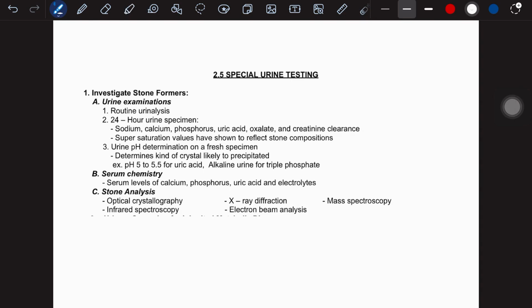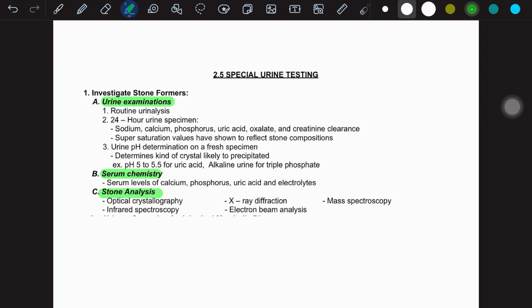As you can see in your manual, we have the topic special urine testing. To investigate stone formers, we have urine examination, serum chemistry, and stone analysis.